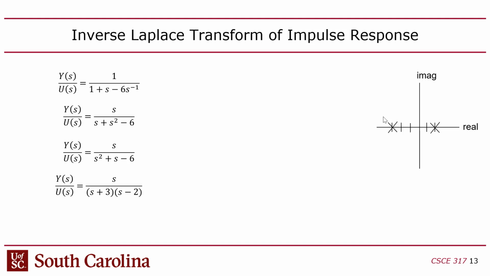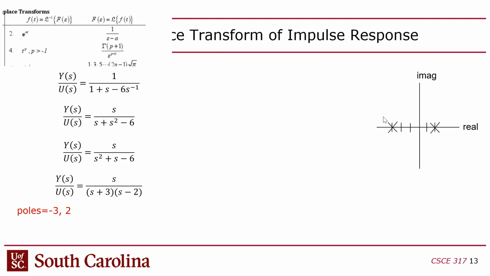Put in an impulse or a step, which contains all the frequencies, and this thing will blow up. However, if I'm putting a sinusoidal input in, there are certain frequencies I can give it where it'll be okay, but other ones I can give it that'll be bad, right? So this is an unstable system because the poles are at -3 and 2, and that 2 pole is the issue.